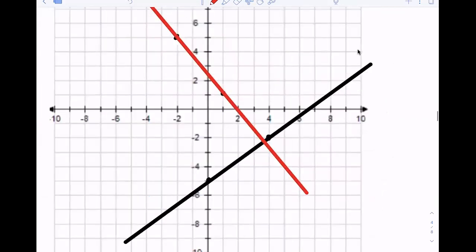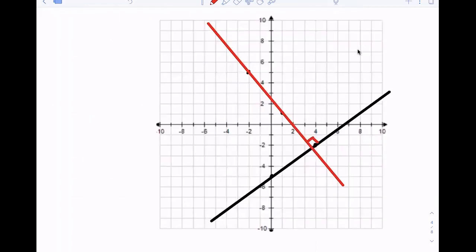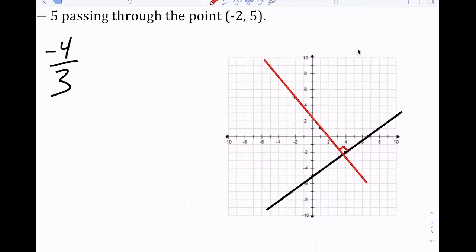Yes, it's a cross, but it's exactly a 90-degree angle. That's, believe it or not, super important in the real world. So again, that is perpendicular. This angle down here is 90 degrees. If you were to measure that, that would be exactly 90 degrees. I don't think it's that hard.